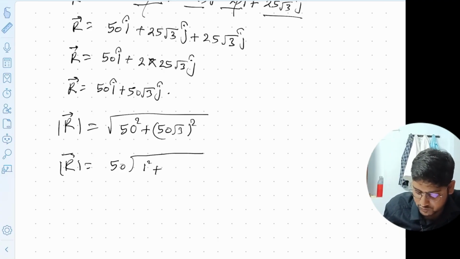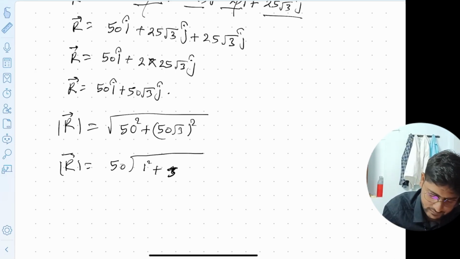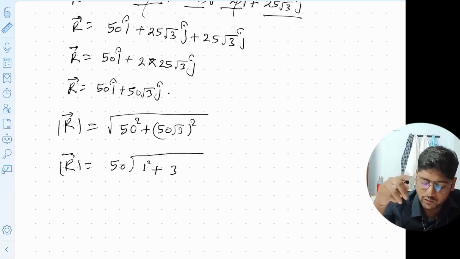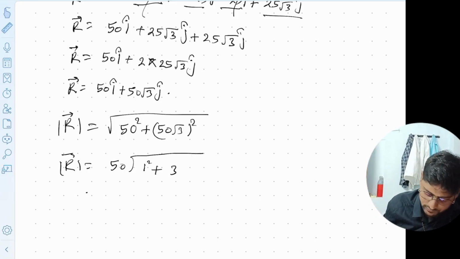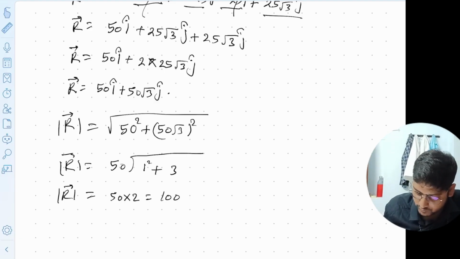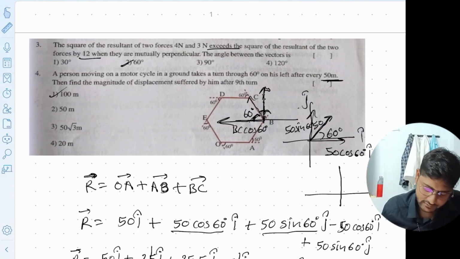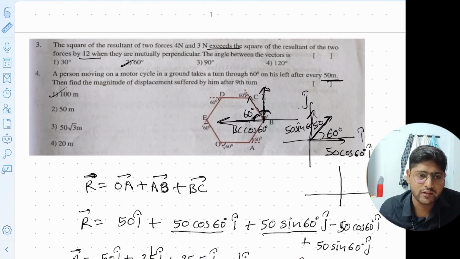Root 3 square is 3, 1 square is 1, and 1 plus 3 equals 4. The square root of 4 gives 2. So 50 into 2 is 100 meters. Okay, so we got our answer.